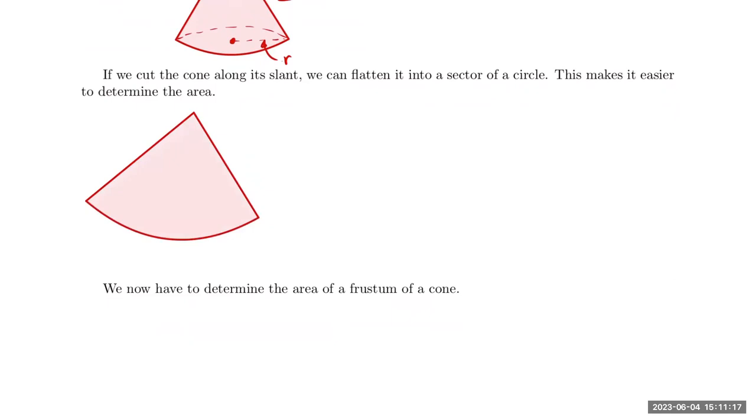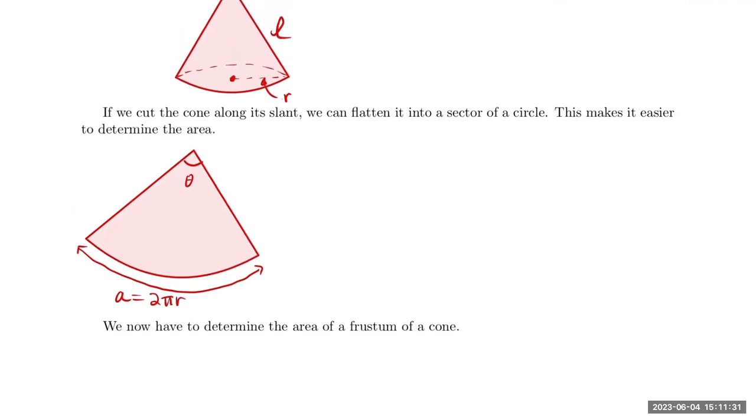So if we consider this sector, and then we have an angle theta here, and the arc length here is just going to be A, which is 2 pi r, the circle here that we know of. So this is going to be the sector of a circle here.